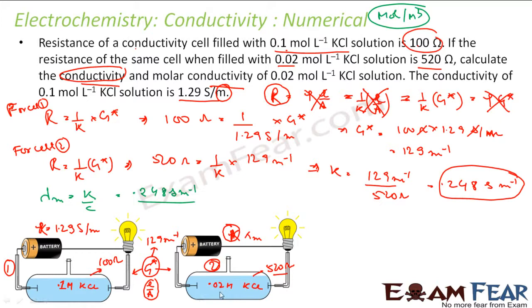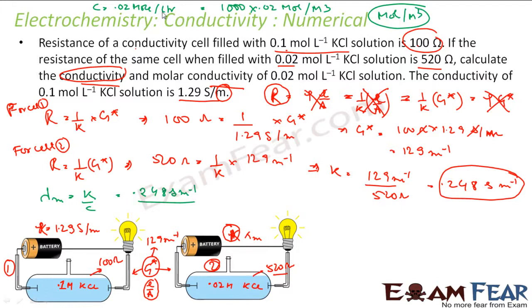But I know the concentration in moles per liter. Correct? So I know that the concentration is 0.02 moles per liter. And that is nothing but 1000 into 0.02 moles per meter cube. Why?